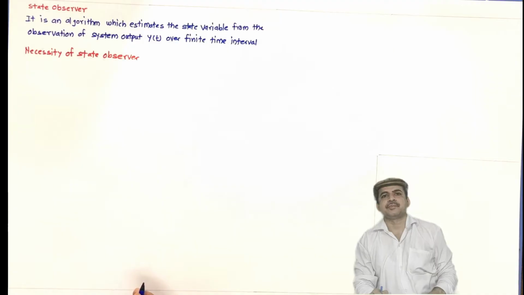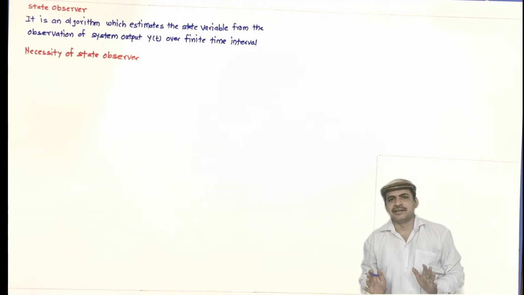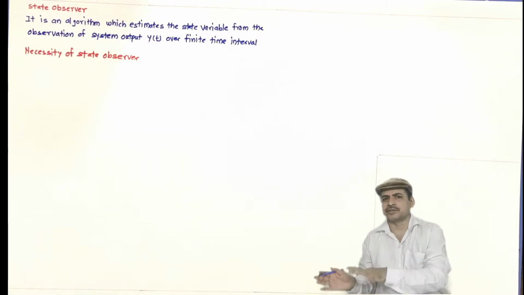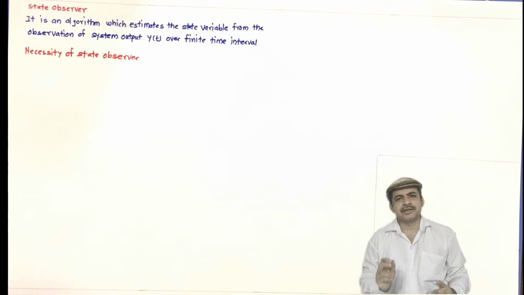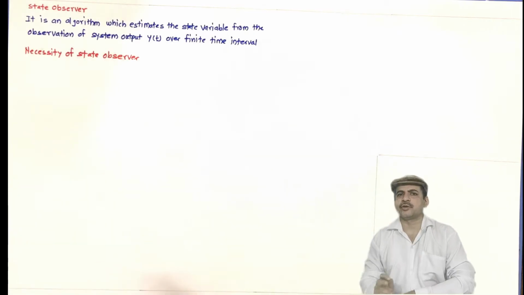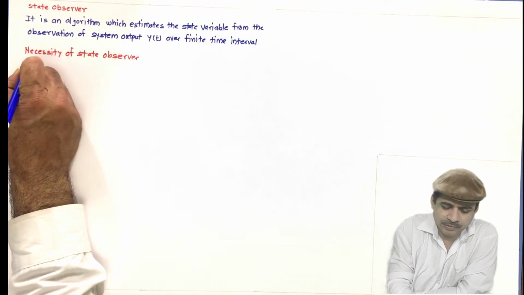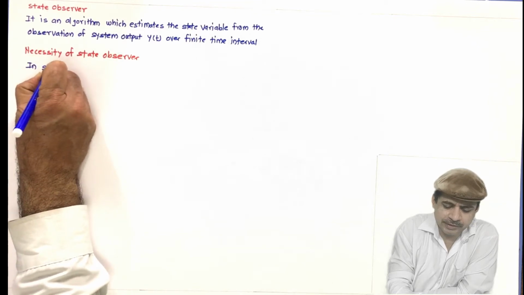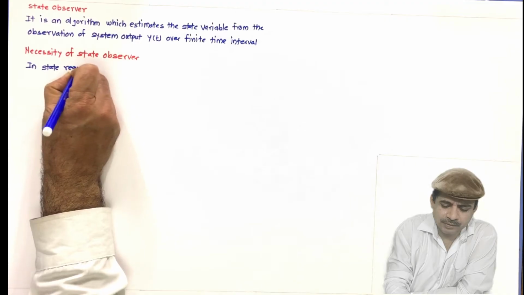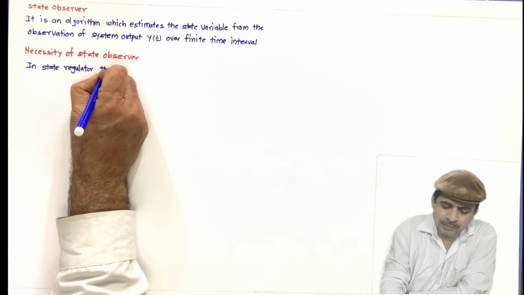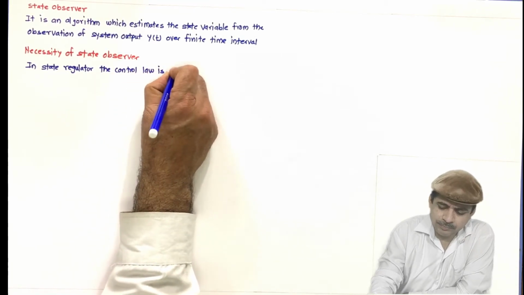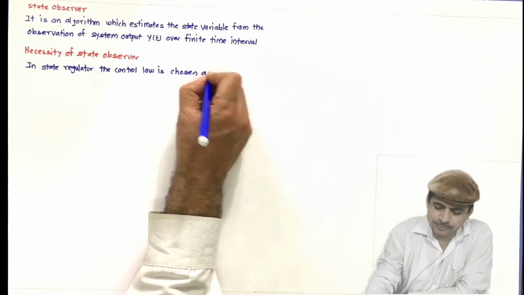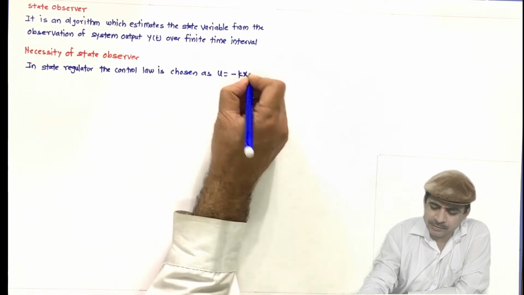Necessity of state observer. In general, the necessity is that as all the state variables are not available for the state measurement and they are required for certain purpose, they must be observed or estimated, and for that state observer is required. But let us take the typical example of the regulator system, state regulator. In state regulator, the control law is chosen as u is equal to minus Kx.